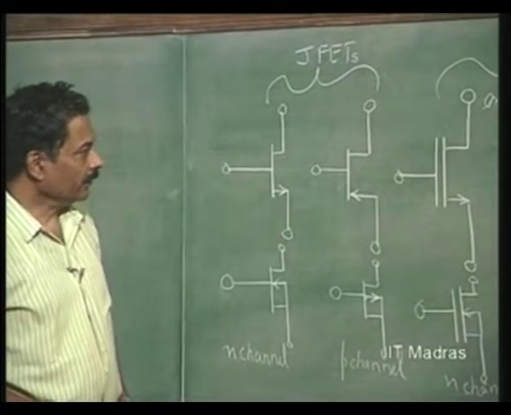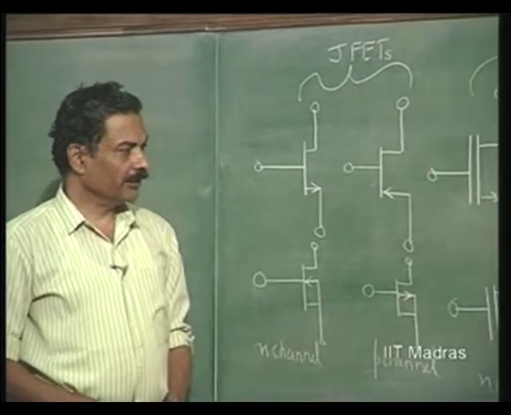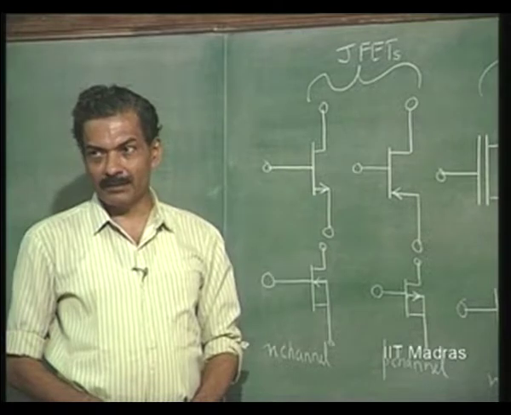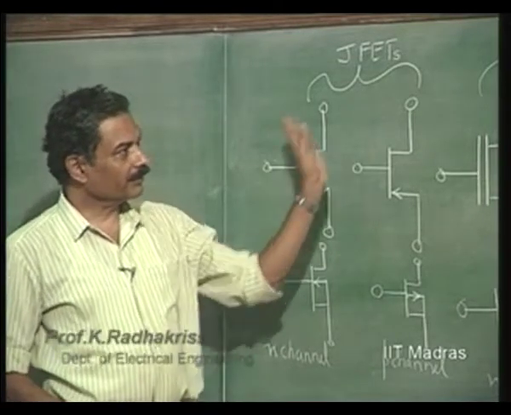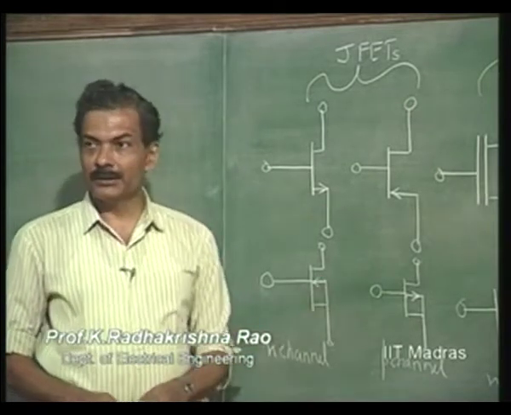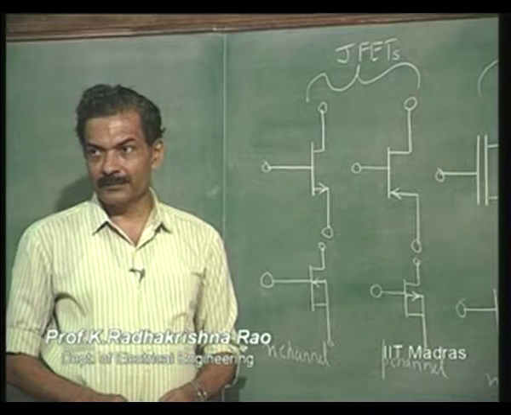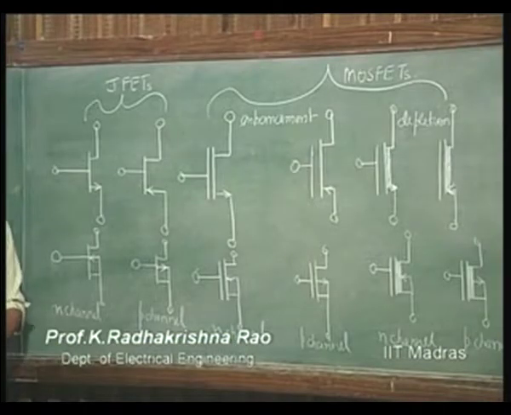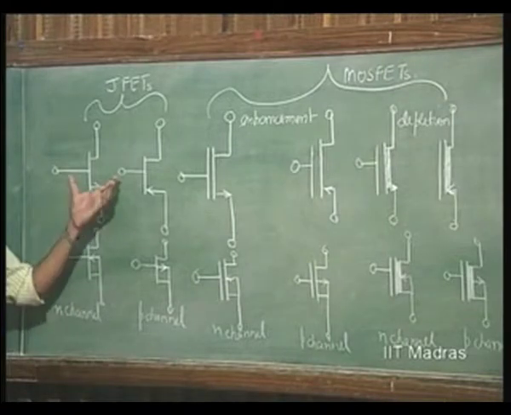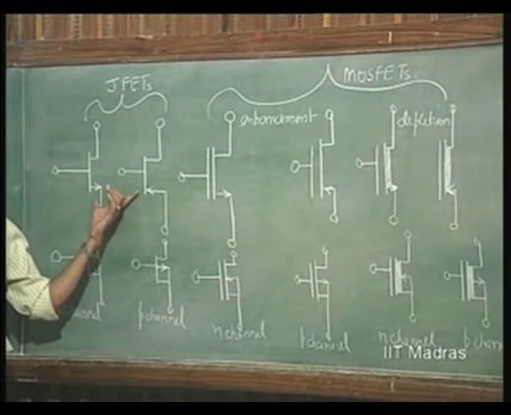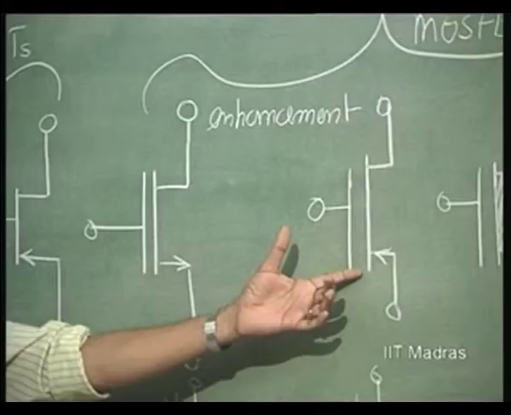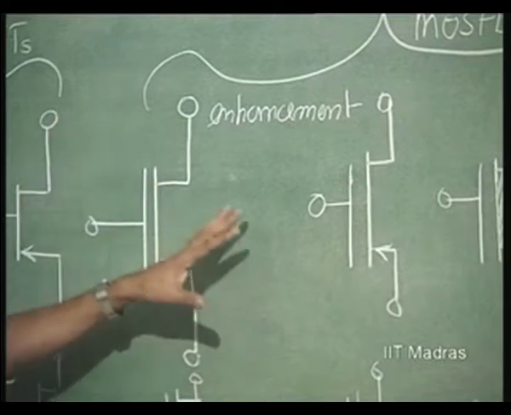In the last class, we were exposed to the variety of MOSFETs as well as JFETs available to us, and we are now depicting these things symbolically, covering all the possible combinations of types of FETs, starting with JFETs, N channel, P channel. These are basically depletion mode devices. And then we have enhancement mode devices, where there is no channel existing.